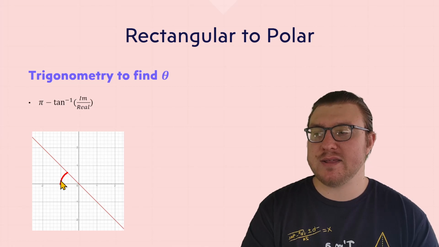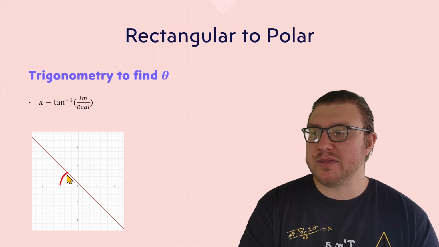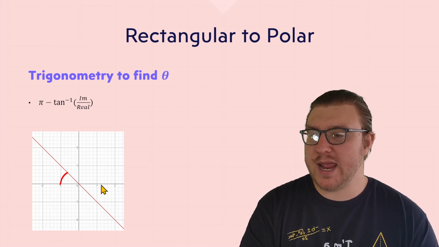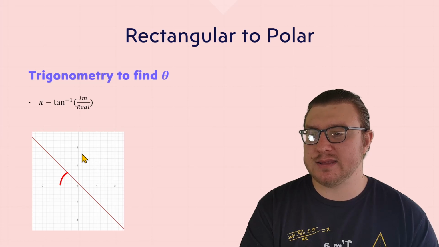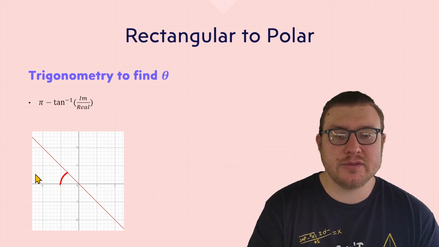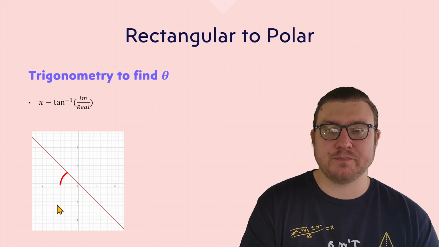So we're finding this angle. But this is not the actual angle that we're looking for. We want the angle from the x-axis starting at the positive part all the way to our complex number. So from here to here. We don't want the angle that the formula is actually finding.